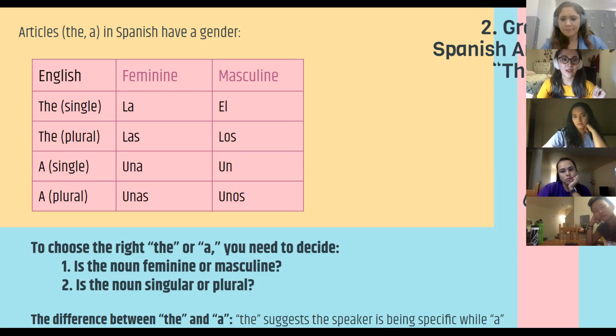Now if you want to talk about something masculine, for example, a shoe, the shoe would be el zapato. As you can see, it ends with an O and it's masculine. And if you want to say the shoes, it would become los zapatos.